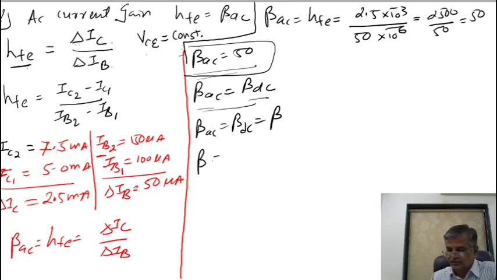So beta we generally write as IC upon IB.